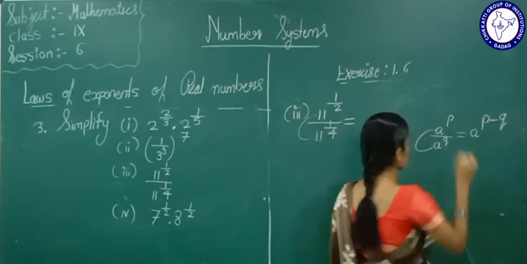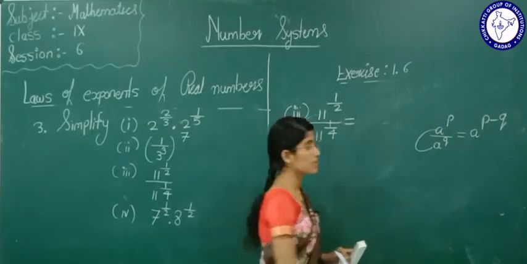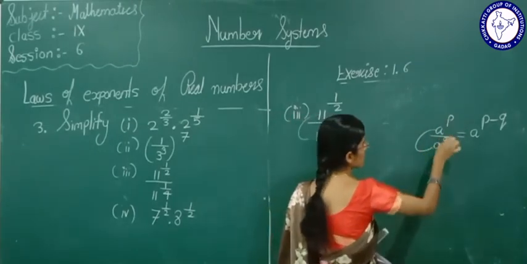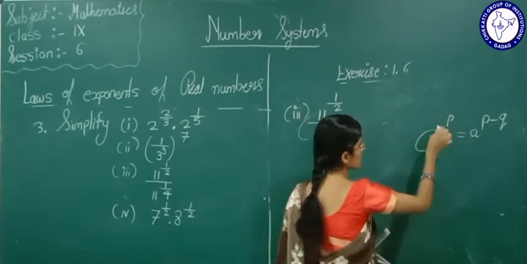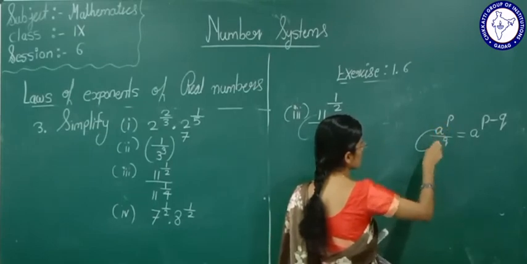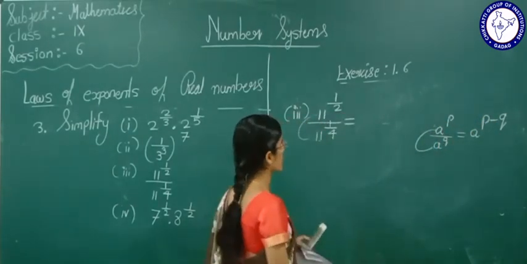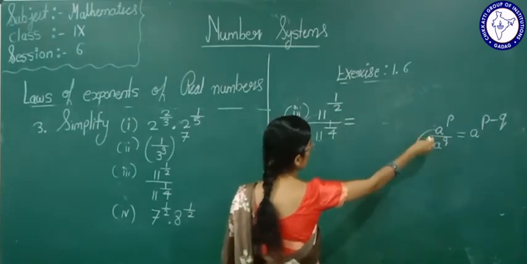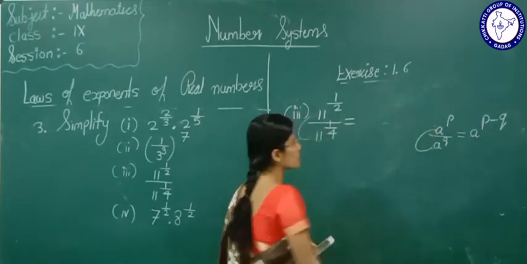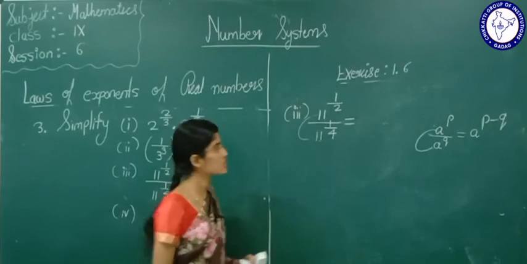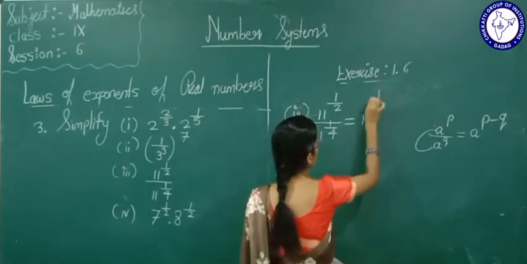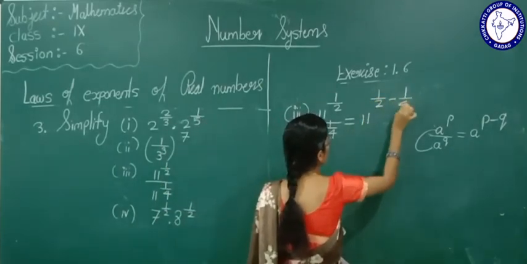Here bases are same, the powers are different. Now see here a is a real number and p and q are rational numbers. Don't forget this, okay? So when it is in the division form, we are going to use a raised to p minus q. It will become 11 raised to 1 by 2 minus 1 by 4.